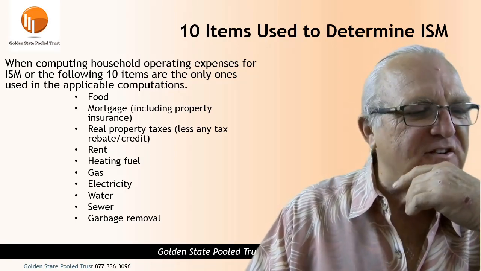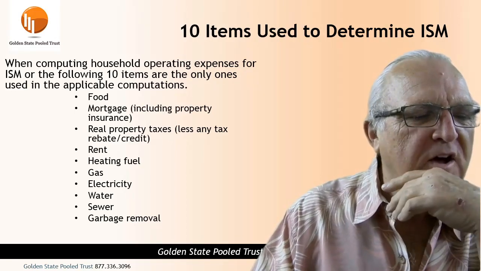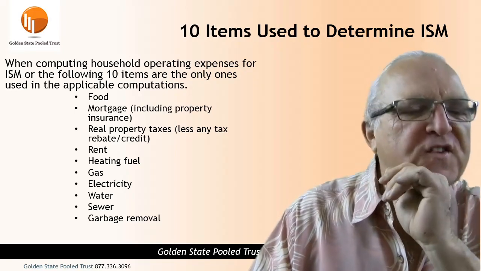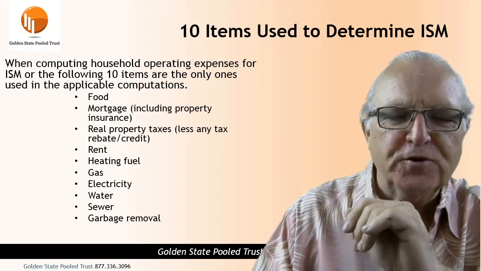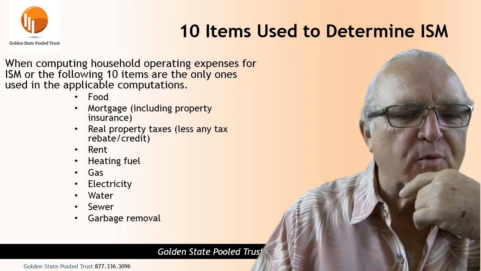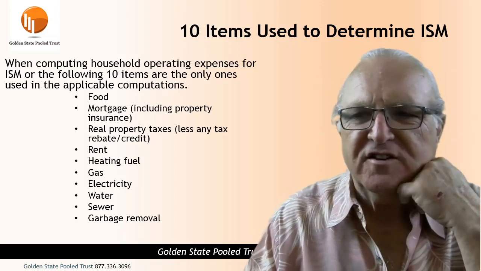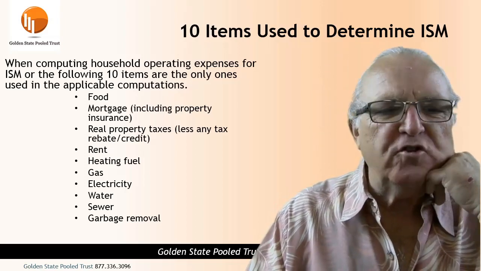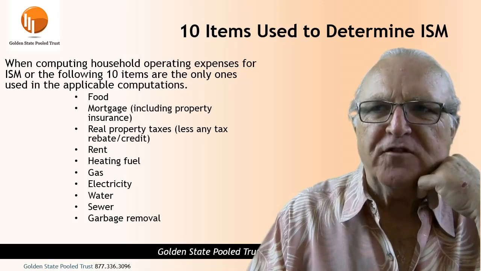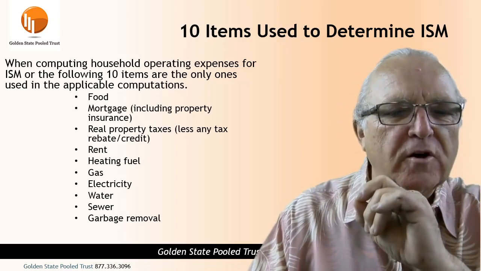Technically it isn't, okay? So when we're talking about the 10 items to talk about ISM, we're going to include food. Technically, it doesn't include food, but as we've gone through in other situations, food is functionally a QDE, although my advice is, since there is so much confusion out there, if it's possible for your beneficiary to pay their own food out of their own SSI, that's the safer way to go.